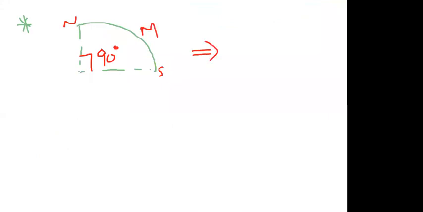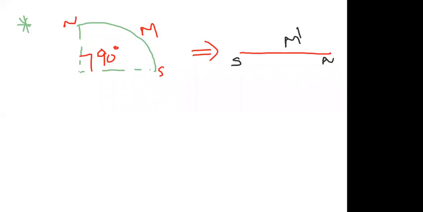Now this application is quadrant to straight. Observe carefully: south pole, north pole, angle subtended 90 degrees, and the magnetic moment is M. Now it is made into a straight magnet, with magnetic moment M dash.